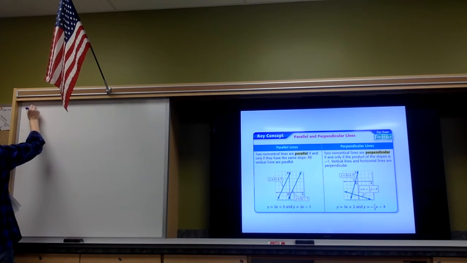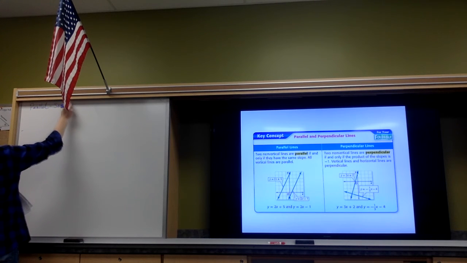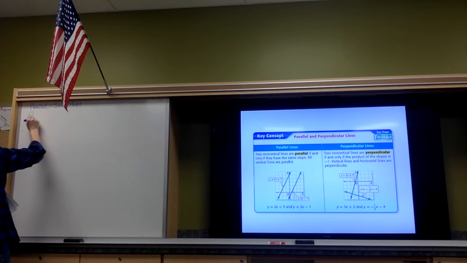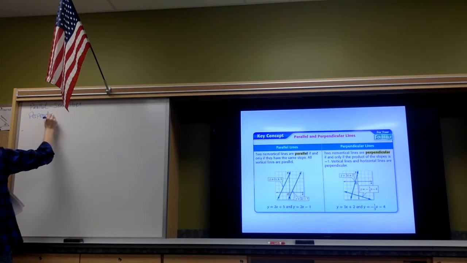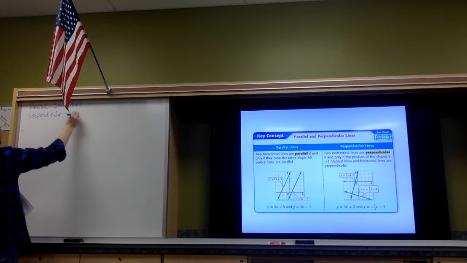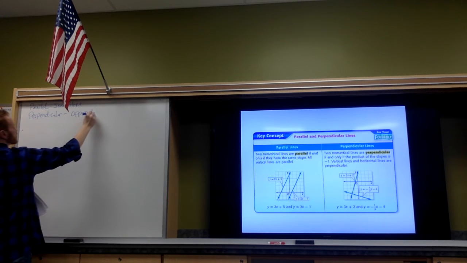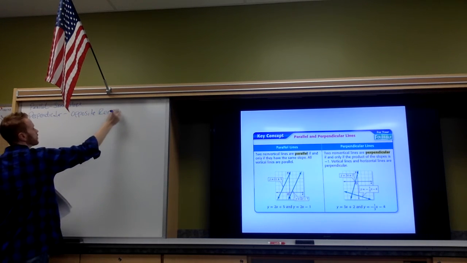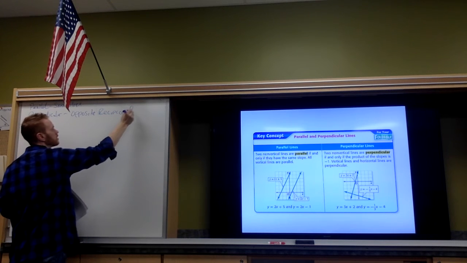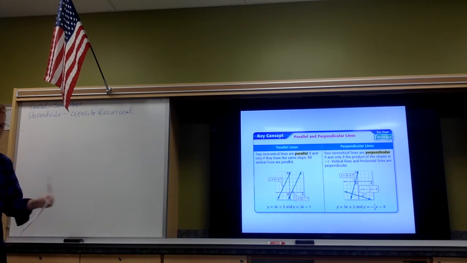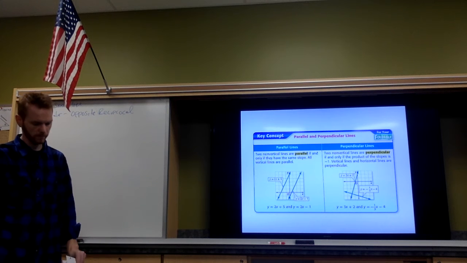So, parallel, same slope, perpendicular, they also call it opposite reciprocal. Okay? The slopes are opposite reciprocals of each other.